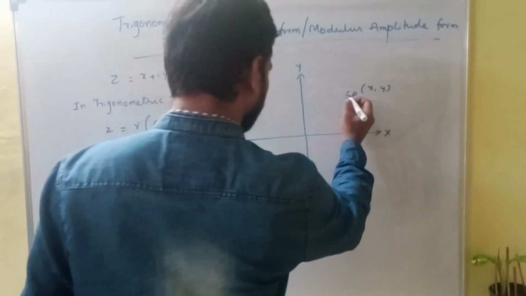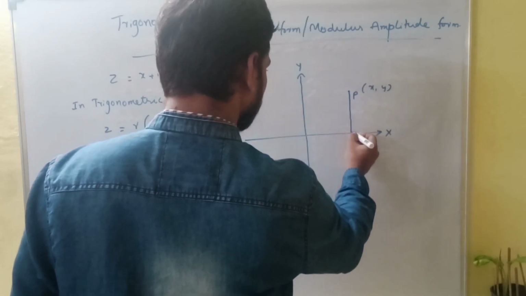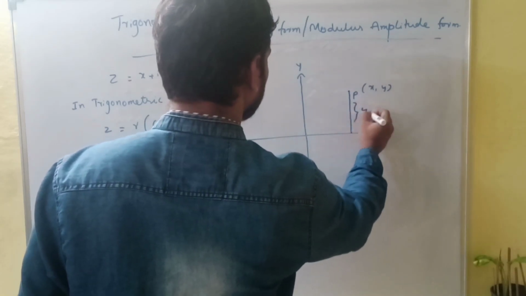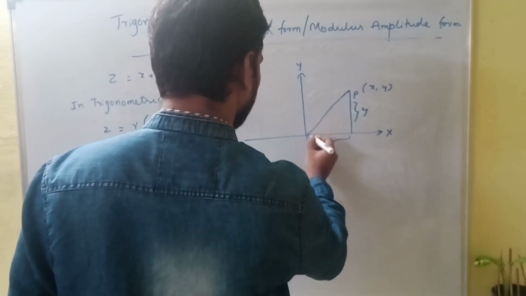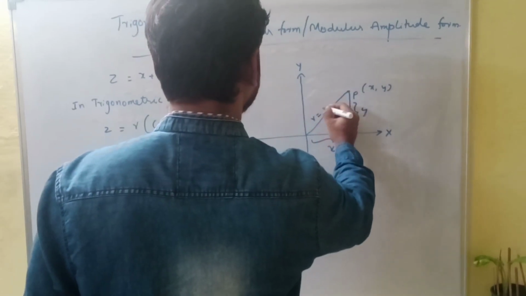So here in the Gaussian plane, this is y and this is x. So this will be r is equals to mod z.